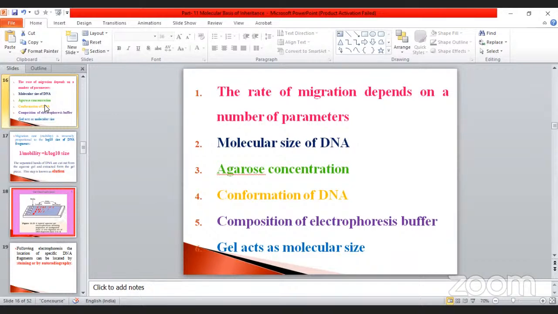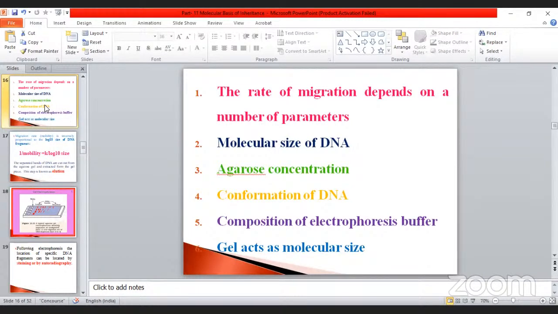Not only that, the molecular size of the DNA is one parameter, agarose concentration is the second parameter, conformation of DNA is the third parameter, and composition of electrophoresis buffer is the fourth parameter.